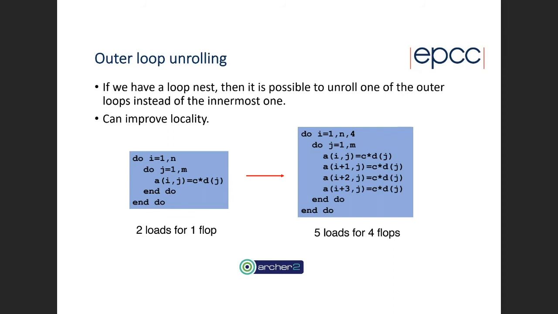And in some cases, that has an additional advantage of improving locality. Because what happens here on the right-hand side is we make sure we only ever load C once, and only ever load D[j] once as well. That's the important thing here.